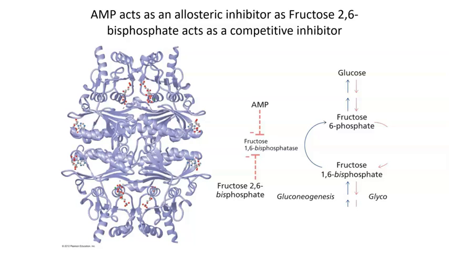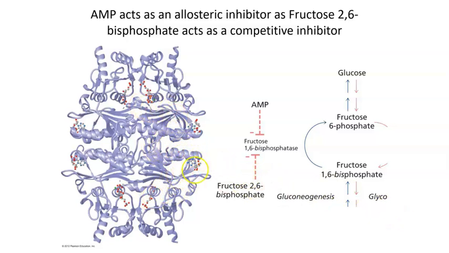Looking just a bit closer at the protein structure here, AMP acts as an allosteric inhibitor, and fructose 2,6-bisphosphate acts as a competitive inhibitor. So this is the tight form, the inactive form of fructose 1,6-bisphosphatase, and it's bound to different compounds of AMP here that's acting as an allosteric inhibitor.